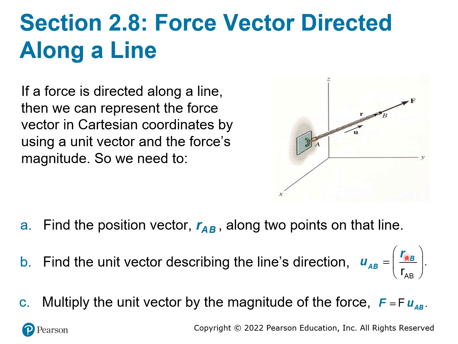The ratio of these two is the unit vector of that direction. With that, we can represent the force as the magnitude of the force times the direction coming from the position vector. So that is the whole idea.